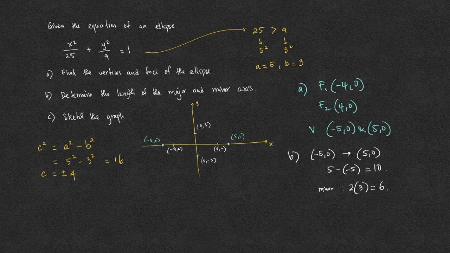Now that we have the vertices, in this case the x-intercepts, and the co-vertices, in this case the y-intercepts, we can sketch the ellipse that goes through these x and y intercepts, and we end up with the graph of the ellipse.